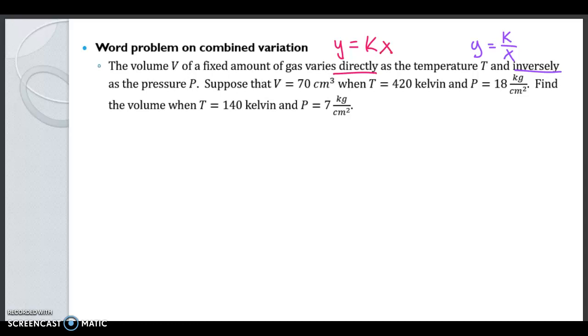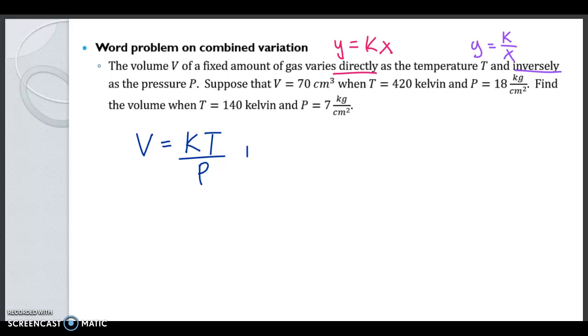Let's make an equation here. The volume varies directly with the temperature, so k times the temperature, and inversely with the pressure. So we have our inverse portion with k over P and our direct portion with k times T.